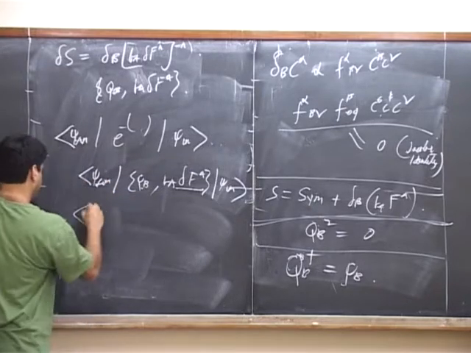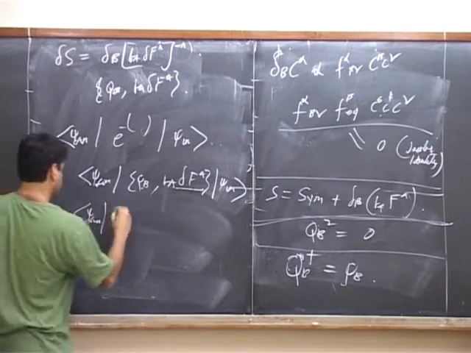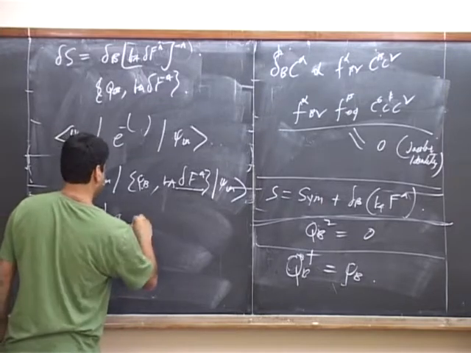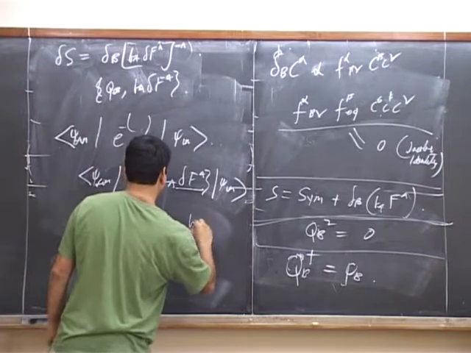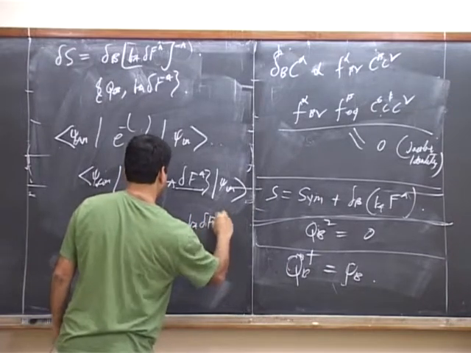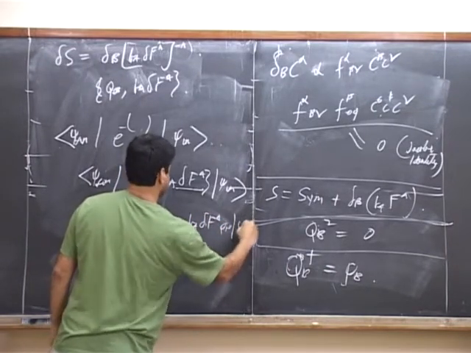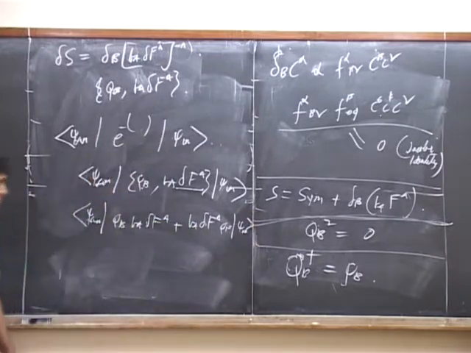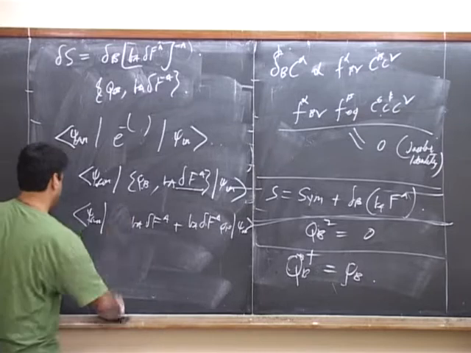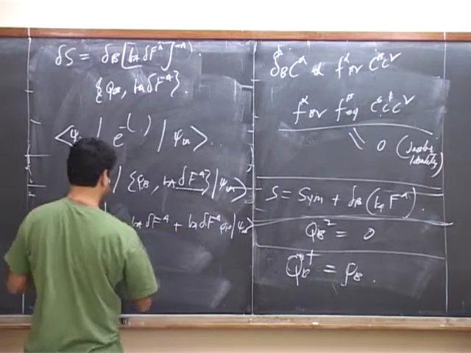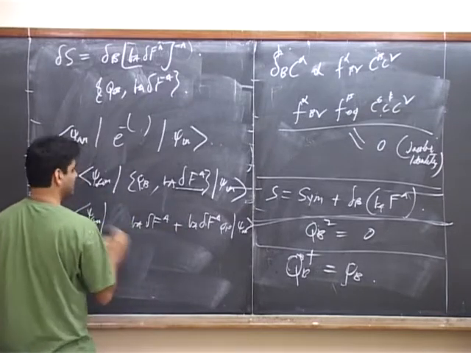Okay, so let's write this out in more detail. This must be Q_B B_A delta F^A plus B_A delta F^A Q_B. Now, since this is an anti-commutator, we can write it as a sum of two terms.